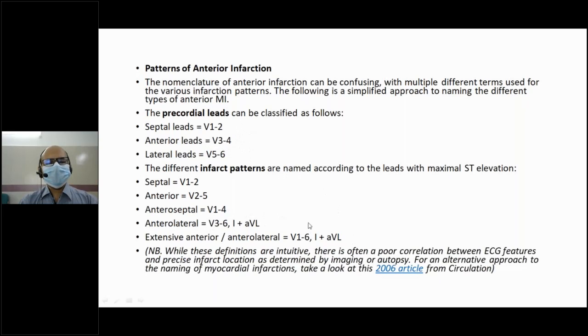And extensive is when the patient has V1 to V6 as well as 1 and AVL; this indicates extensive anterior myocardial infarction. For your kind information, undergraduate students must know the anterior as well as extensive anterior myocardial infarction.